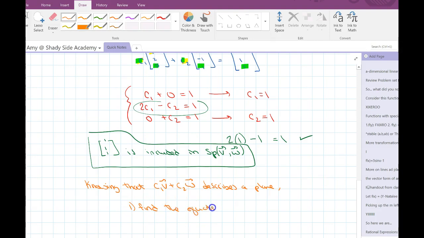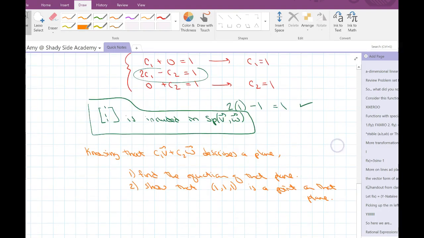Oh, I love this question. And part B, show that 1, 1, 1 is a point on that plane. Okay? What a great question. I love that. All right, so homework tonight is going to be to do this.